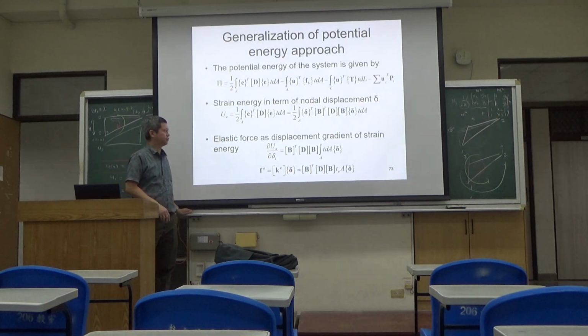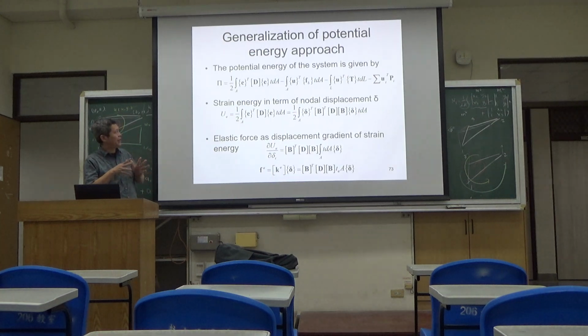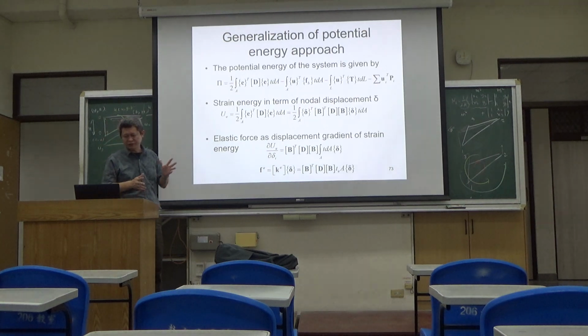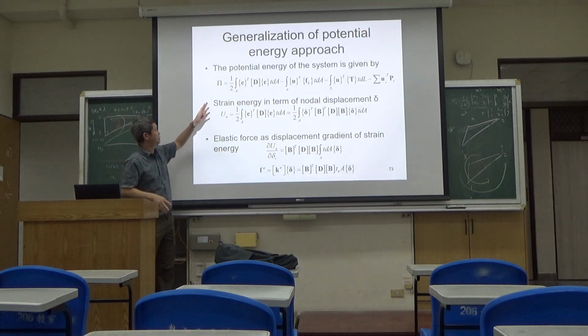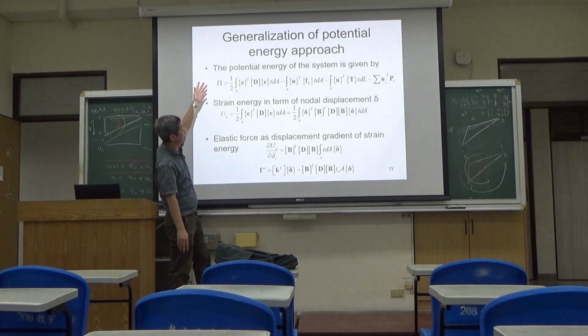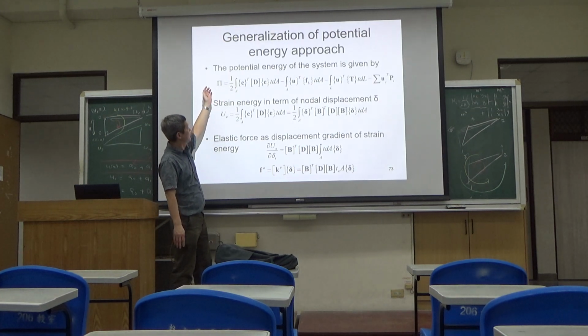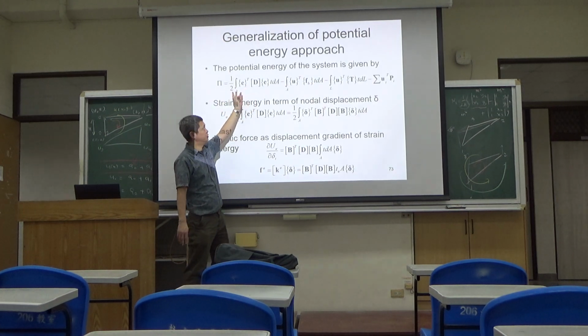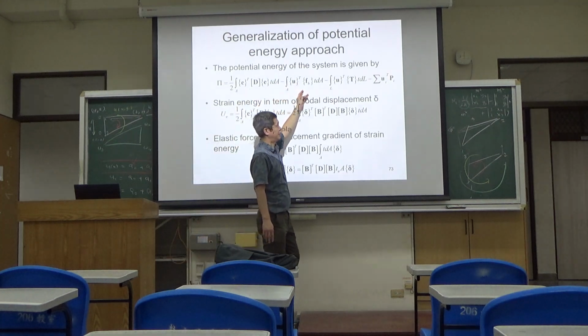Then next, how would we be able to find out the K value? To find out the K value, we're going to use the potential energy method. The total potential energy is equal to the strain energy minus the work done by external force.